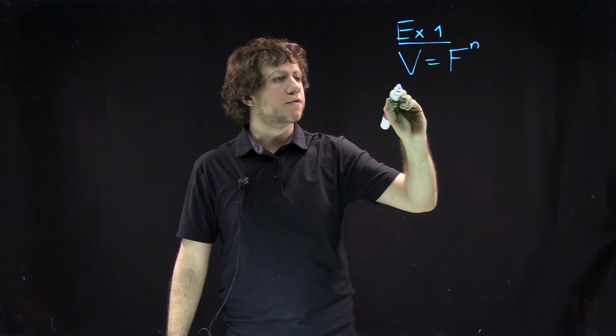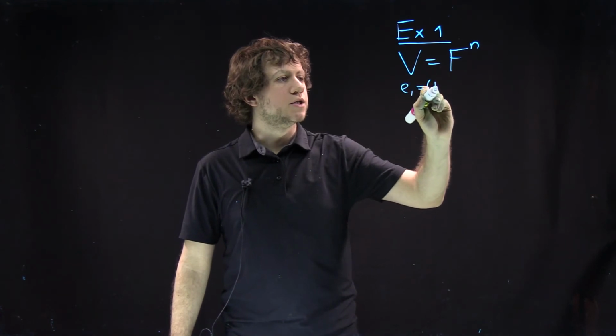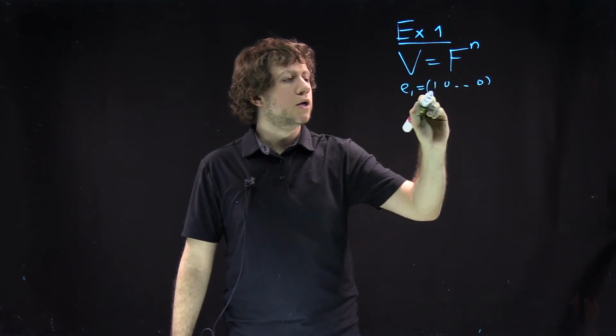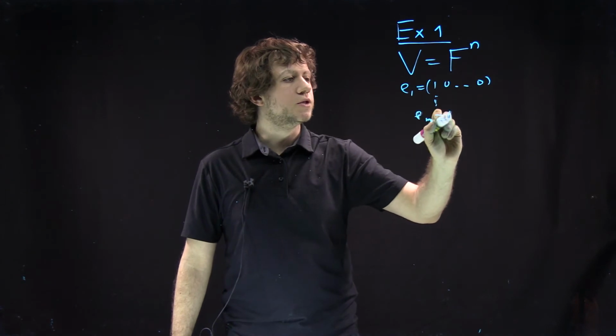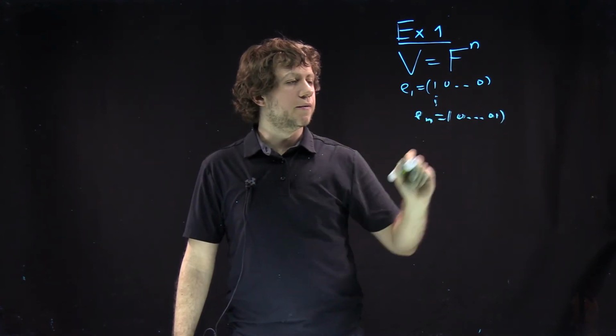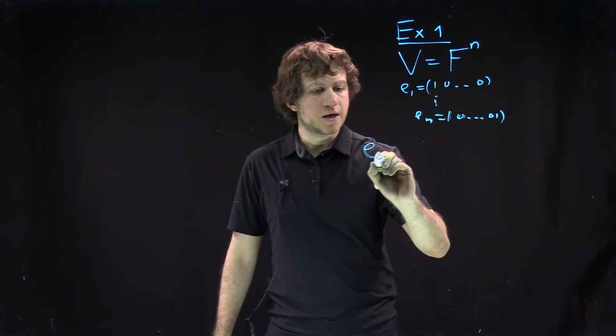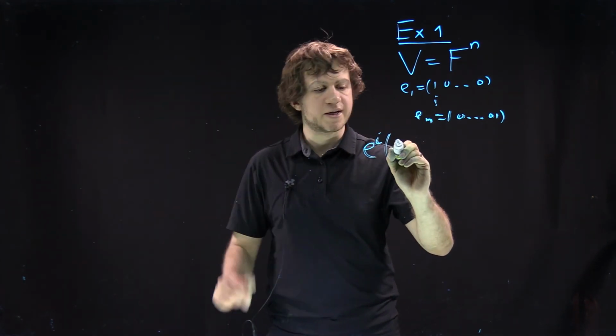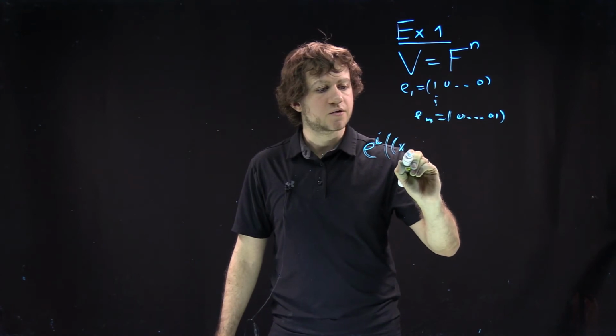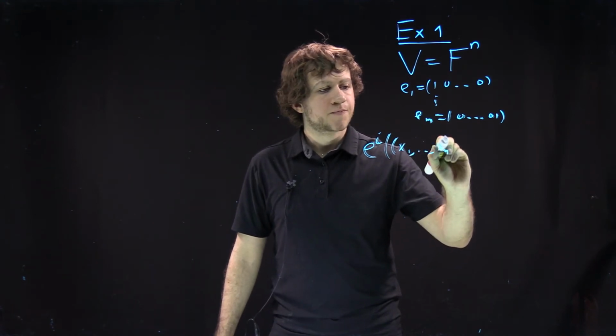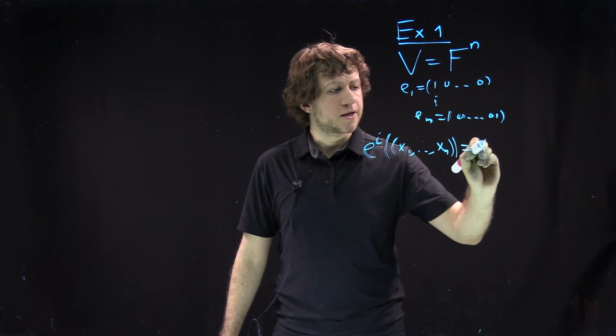And then, of course, we have this basis e_1, which is just 1, 0, 0, 0, and so on up to e_n, which is 0, 0, 0, 0, 1. Okay, so what is map e^i? So if you take e^i, and we already discussed it in the proof basically, and you apply it to vector x_1 up to x_n, it is just x_i.